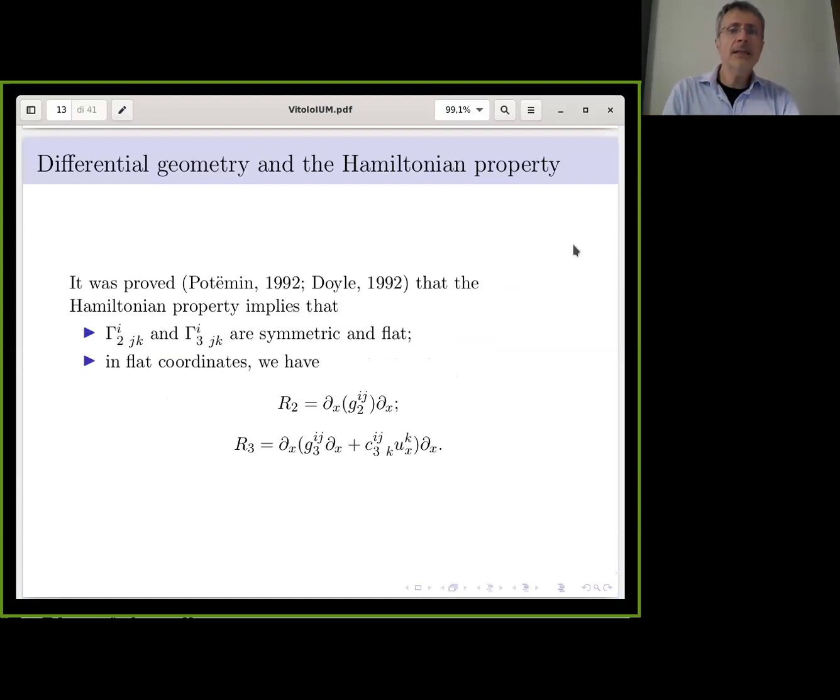In flat coordinates, it can be proved that the expression of the higher order operator simplifies a lot. And moreover, there is a lot of projective geometry in these operators.